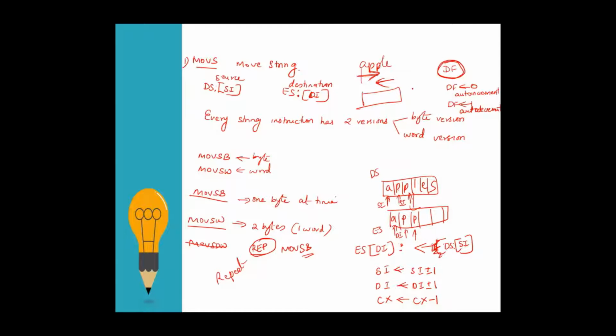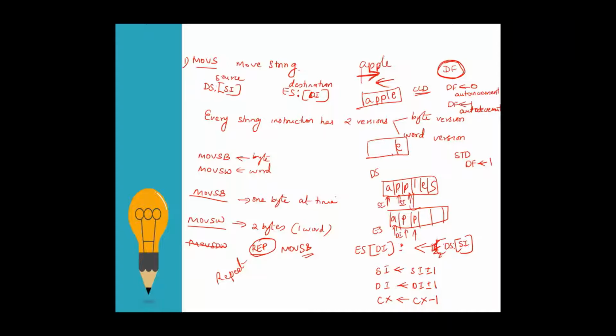So I can do it in auto increment or auto decrement manner by setting and resetting the direction flag. If I use the instruction CLD, it clears the direction flag, so it becomes 0. That means I'll be copying apple as APPLE in this direction only. Now if I use the STD instruction, the direction flag will become 1. Now in which direction am I copying apple?